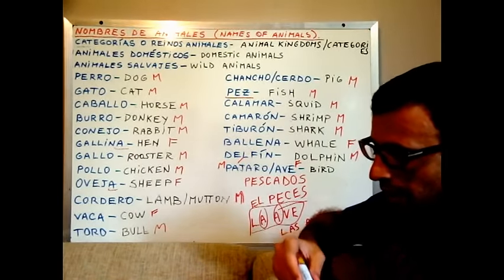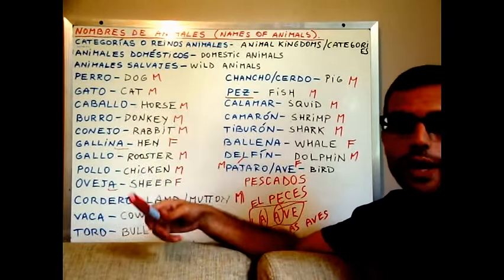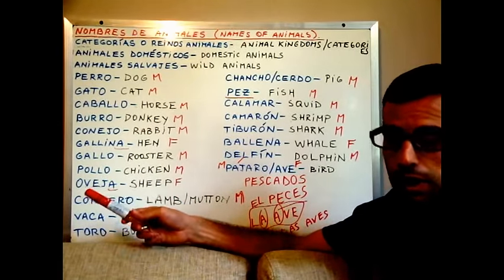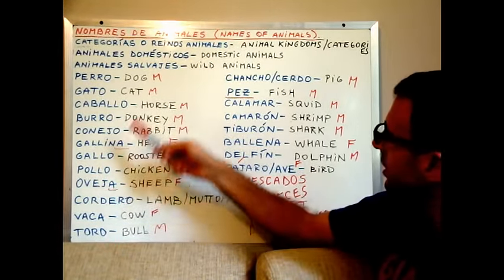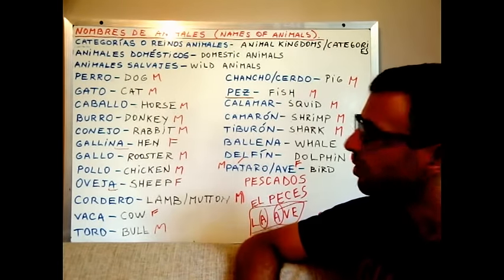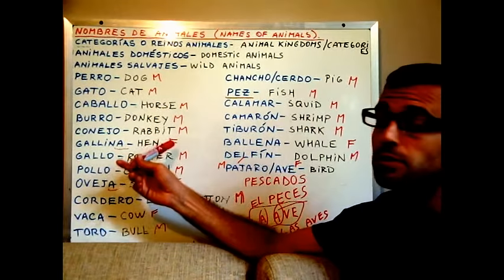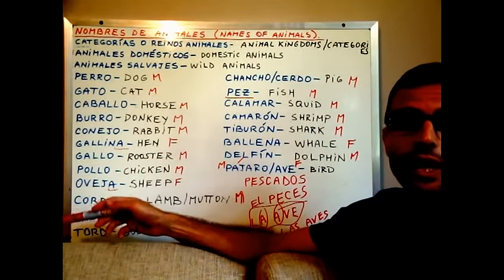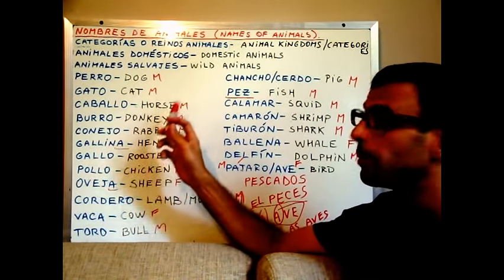Later on I will teach you the rules for the tildes, when and how they are used, okay? So these are the words of animals I wanted to teach you. We are missing actually some insects, of course. And in our next lesson I will show you some sentences using some of these words.